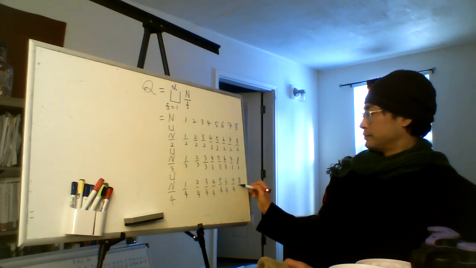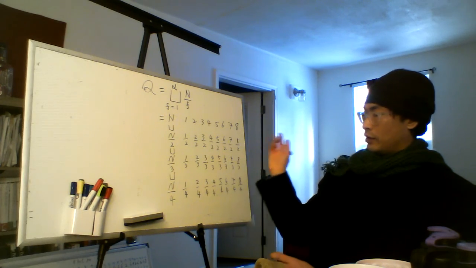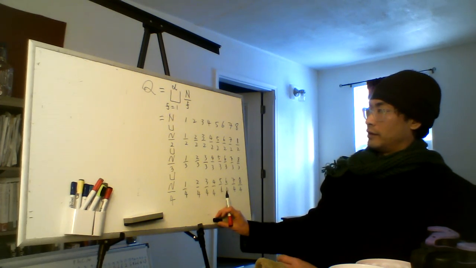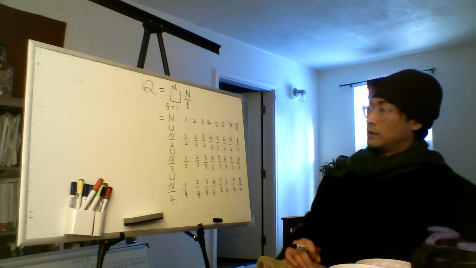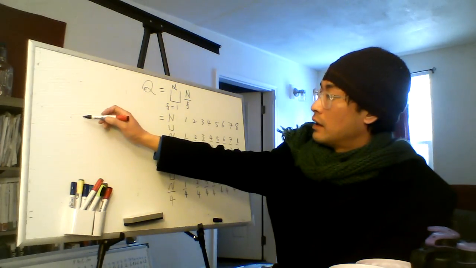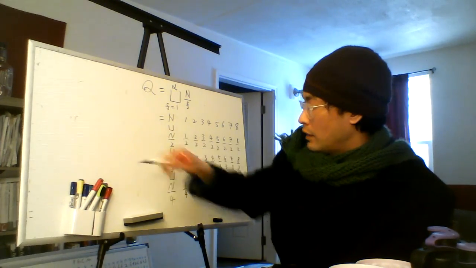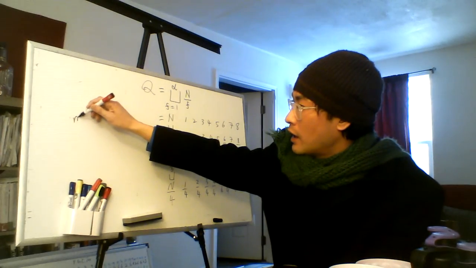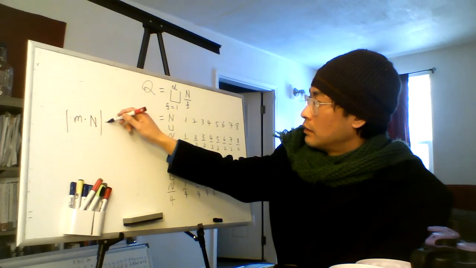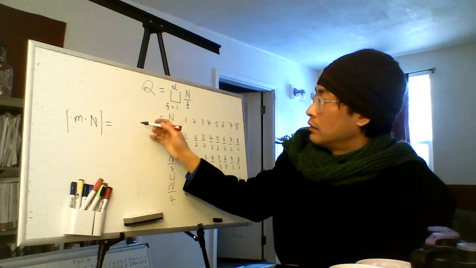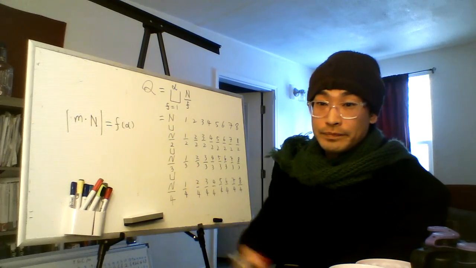Now, before we continue this, let's observe one more thing. How about the set of multiples? What's the cardinality of that? Say m for multiple, m times n is a function of alpha. Can you find this function?